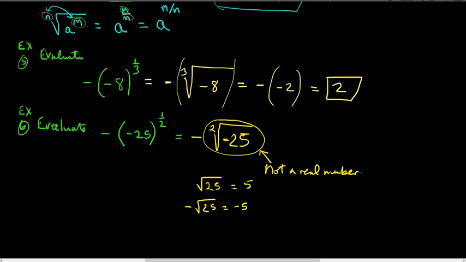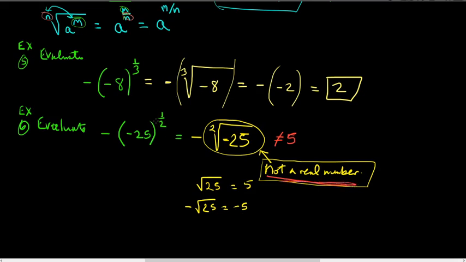Now, you might think, well, it's a negative imaginary number, and you can think of it that way if you want. But for our purposes right now, this is not a real number. It's not 5, it's not -5, it's none of those. It's an imaginary number.